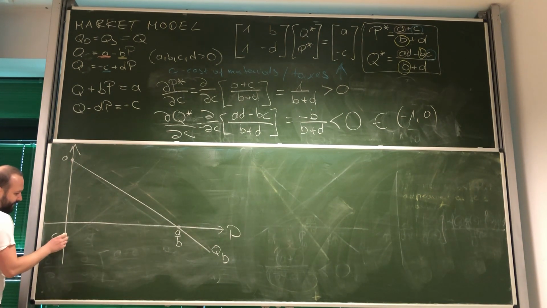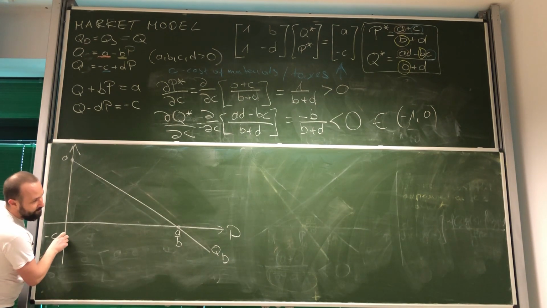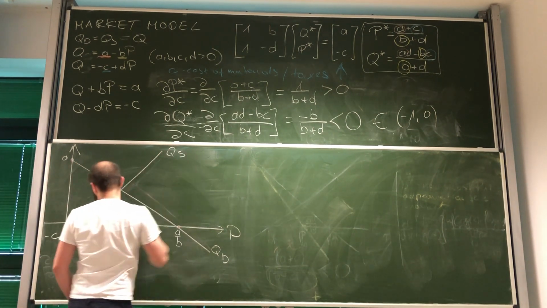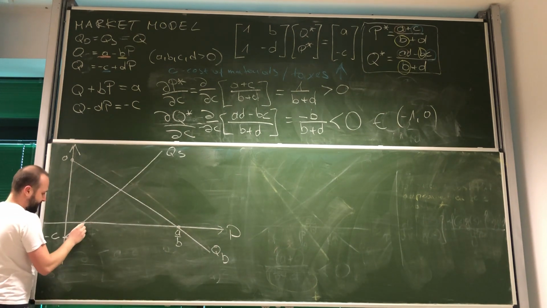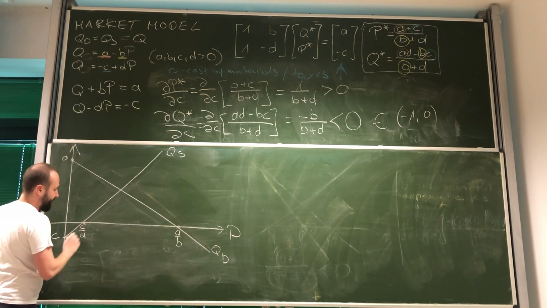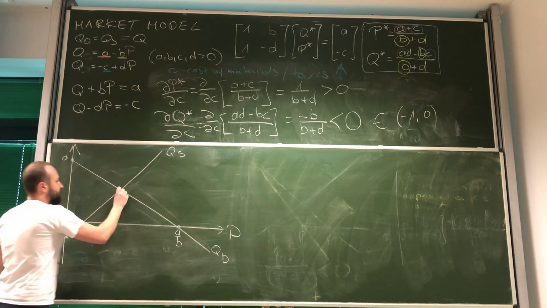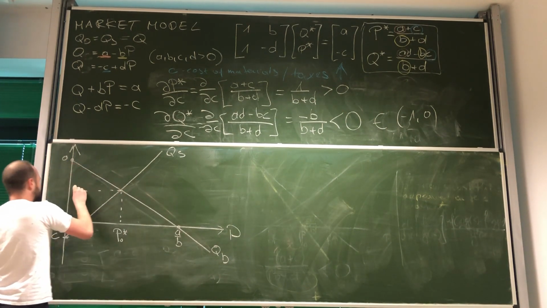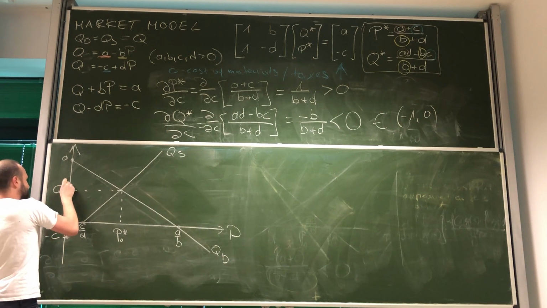We've got some negative C, of course, and here we've got quantity supplied. Of course, here is C over D. And this gives us some equilibrium price and equilibrium quantity.